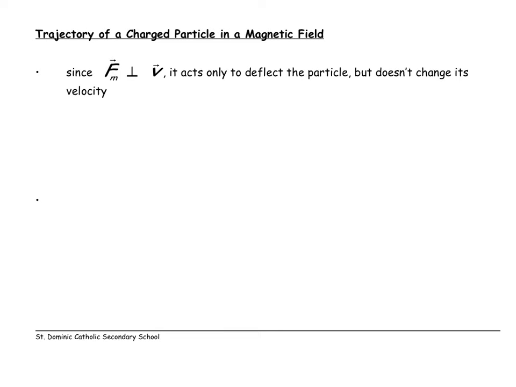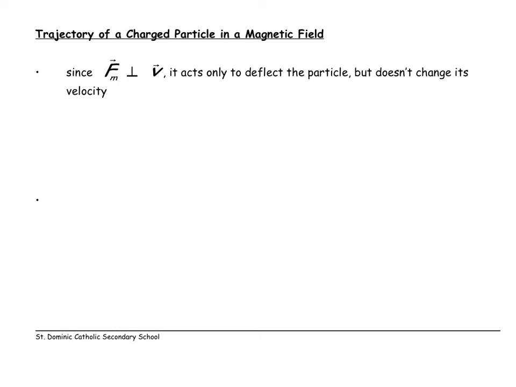Okay, so we're going to talk next about the trajectory of a charged particle in a magnetic field. So you'll remember that the maximum magnetic force happens at 90 degrees to the motion of the charged particle. But when we think about force, if I were to try to push a box across a floor, I know that the force that will increase the speed of my motion, or make that box get pushed across the floor faster, is going to happen if my force is parallel to that direction of motion.